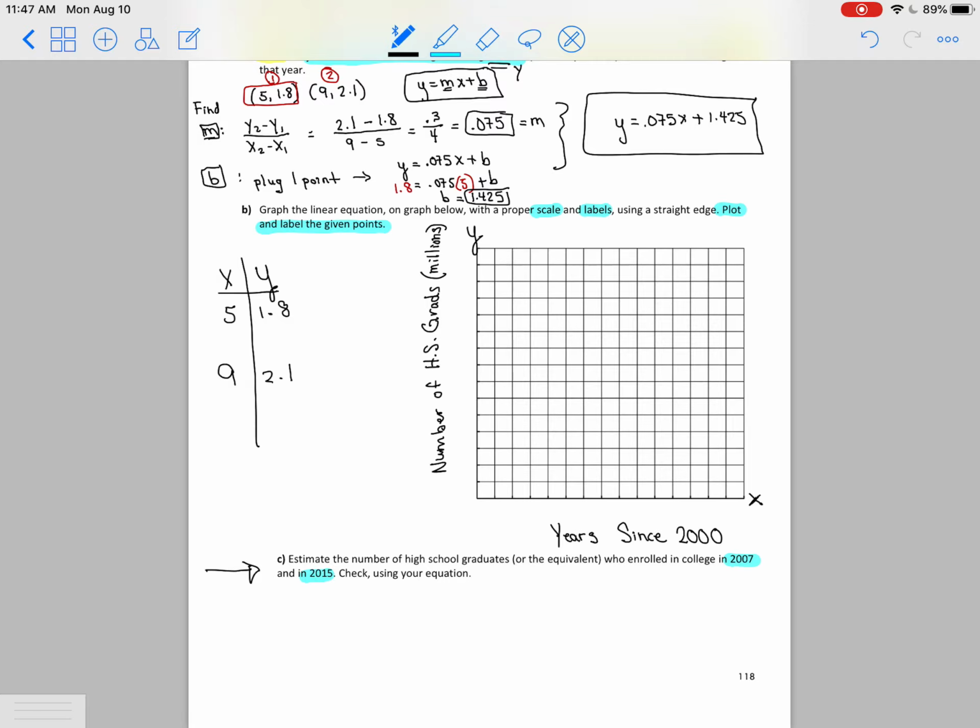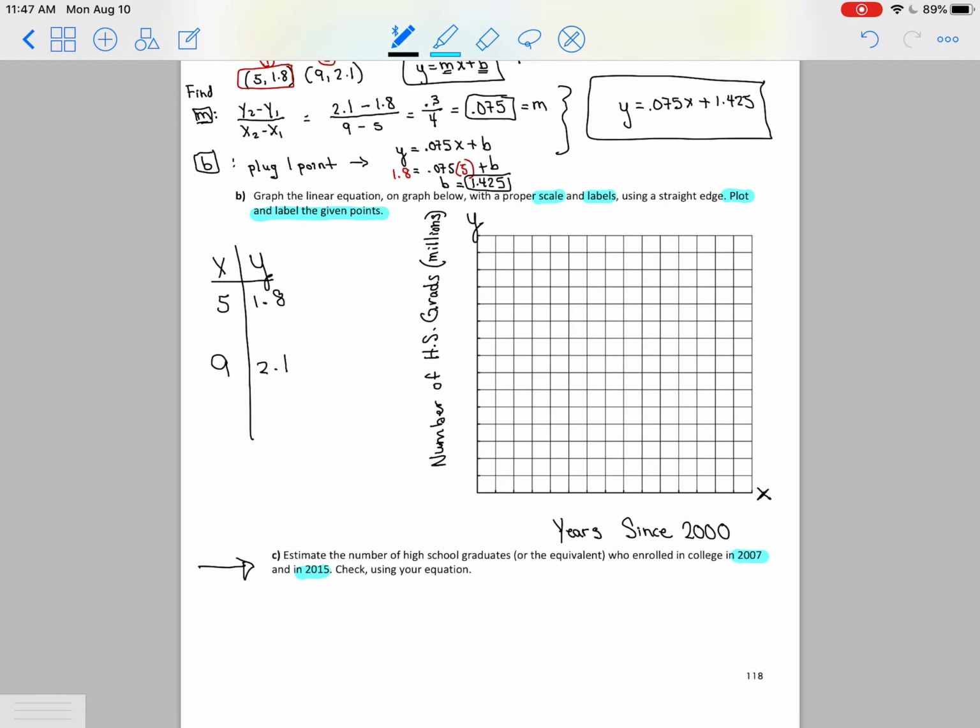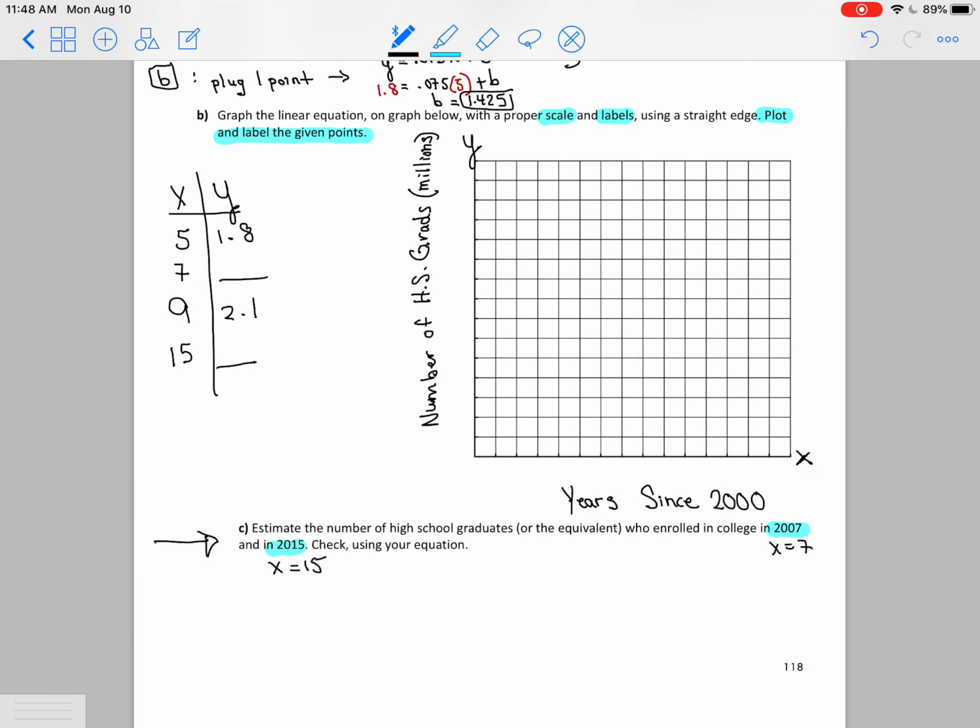We know that in the year 2007, x is going to equal 7. And in the year 2015, x is going to equal 15. If we want to fill in these totals right here and right here, so that we can use this information in our graph when we're scaling, we can just skip down to C and do that math and then come back.